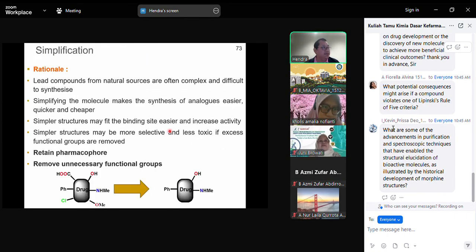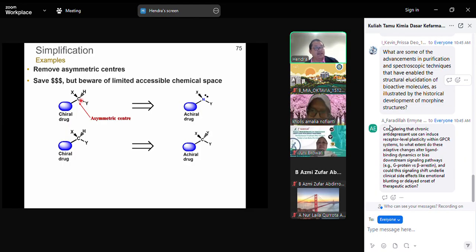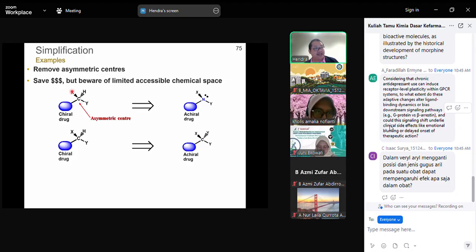So what I meant with this, on slide 75, is the chiral drug, and you see that there is this asymmetric center that can have R or S. When we say we change chiral to achiral, we simply change one of these X, or delete one of these H, so that this carbon is no longer possible to form R or S. For example, if X is oxygen, H is hydrogen, Y is nitrogen, I can change X to another hydrogen.